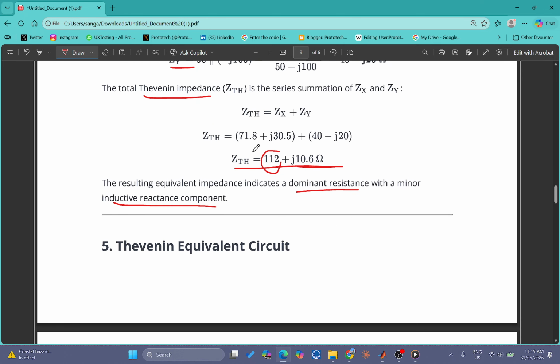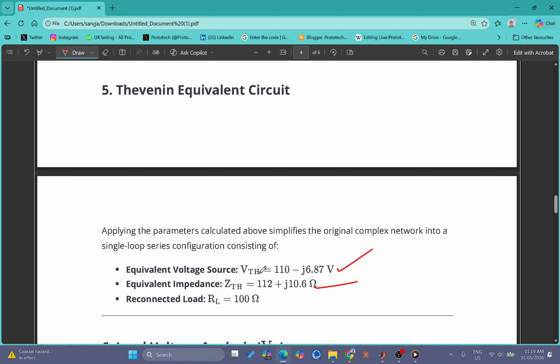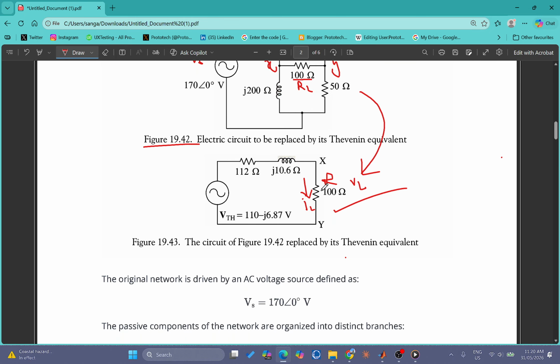Finally, everything was simplified, and we have an equivalent voltage source, the Thevenin voltage, with the equivalent impedance ZTH, and by reconnecting the load, we get this electric circuit.